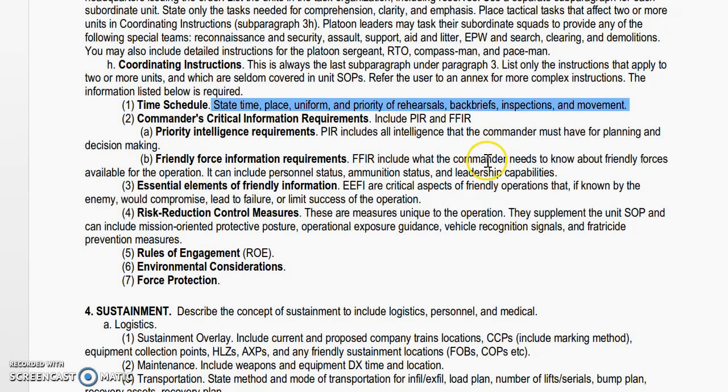You could also do a rehearsal of concepts or rock drill. You take key leaders, your squad leaders, and you make them all go through the operation on your TMK. At each phase, you're giving them time to explain and show what they're doing, their task and purpose at each phase of the operation.